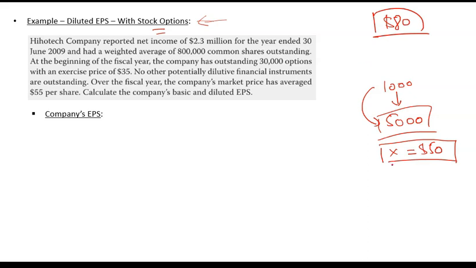So if the employee exercises the option, the employee will buy 5,000 shares, and the value of those 5,000 shares that will be paid by the employee will be 50 into 5,000. That is 250,000. So the company will receive 250,000 and issue 5,000 shares.